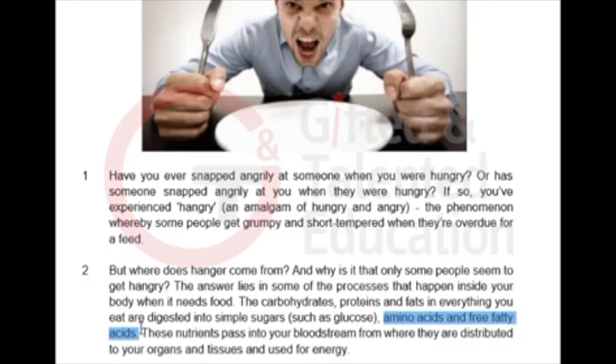After they are digested, these nutrients pass into our bloodstream. They are distributed to our organs and tissues and used. So that's how we get the nutrients that we need.